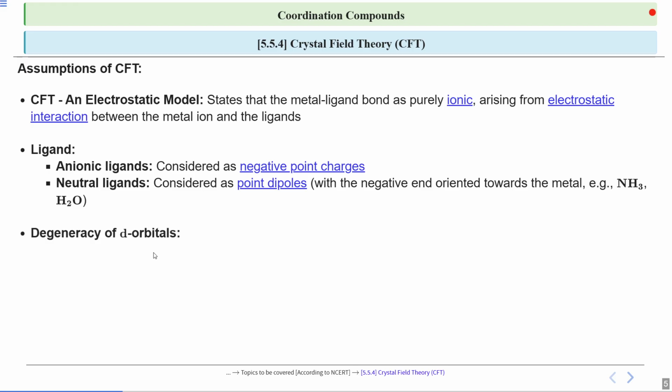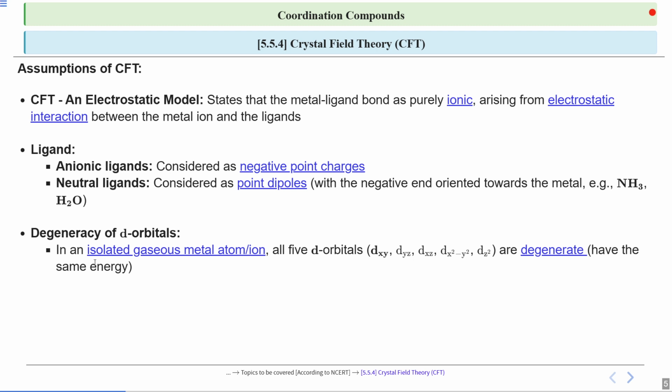We also make one more assumption of CFT, the degeneracy of the d orbitals. Here the assumption is that the d orbitals are degenerate. What does that mean? In an isolated gaseous metal atom or ion, all the 5 d orbitals, we know that the d orbital consists of 5 different orbitals, which are dxy, dyz, dxz, dx square minus y square, and dz square.